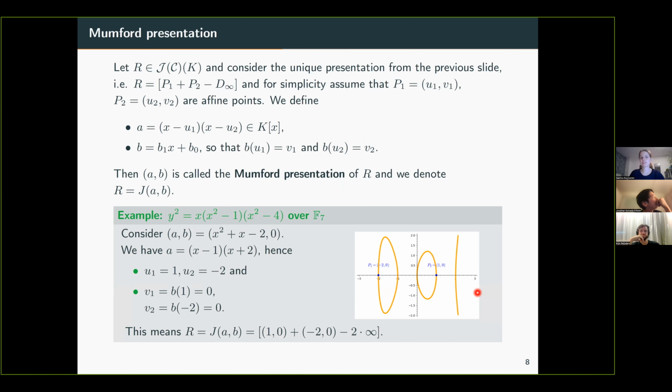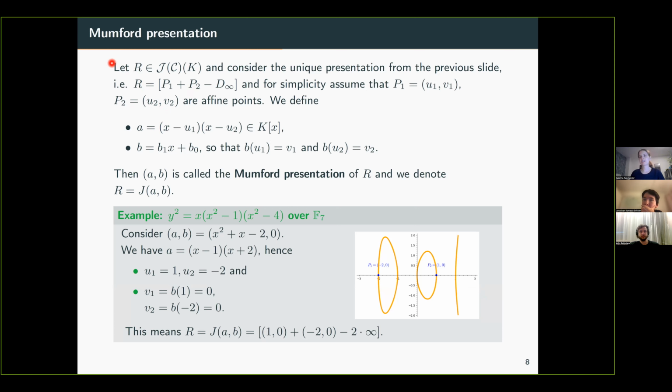So we have such 2 points P1 and P2 that are associated with an element R of the Jacobian. And for practical purposes, one usually uses the Mumford presentation of this divisor. For different reasons, one doesn't always want to use the explicit coordinates of P1 and P2 to represent a divisor when doing computations. One reason is, for example, k-rationality.